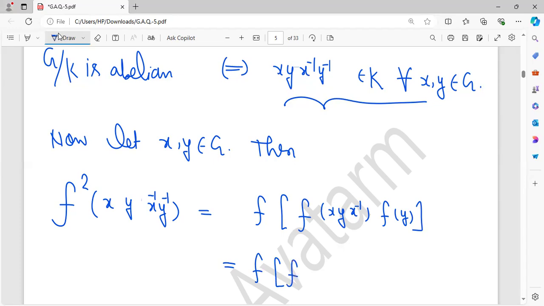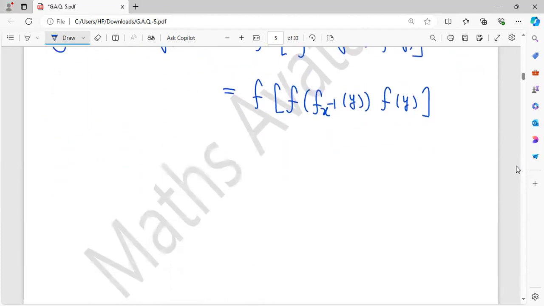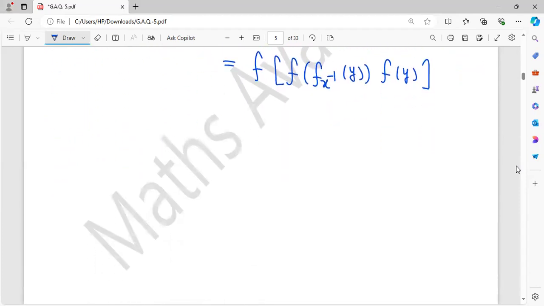This is f, f of x inverse, y. Now f commutes with inner automorphism. So f commutes with inner automorphism means I can write this as f x inverse, f y.